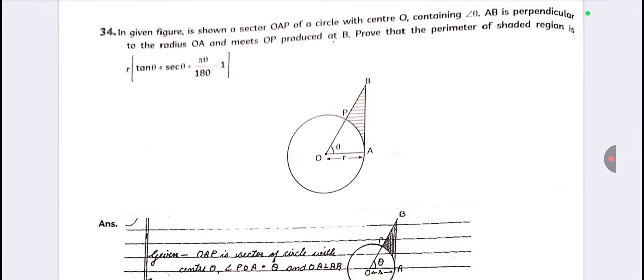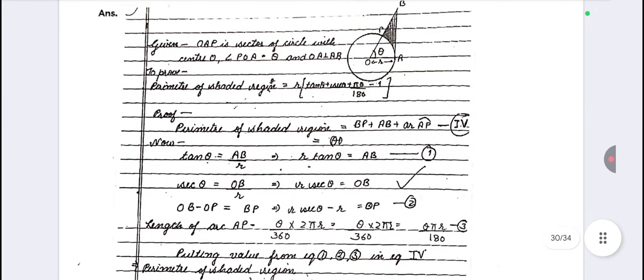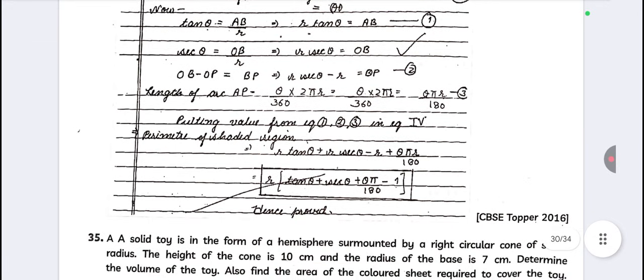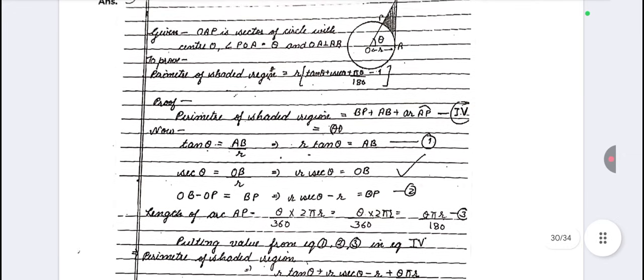R into tan theta plus secant theta plus pi theta by 180 minus 1. The sectors, proper shading. Find AB, find OB, and get R into tan theta plus secant theta plus pi theta by 180 minus 1. This was in 2016, nice question.